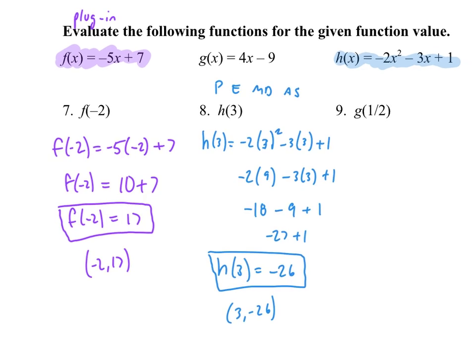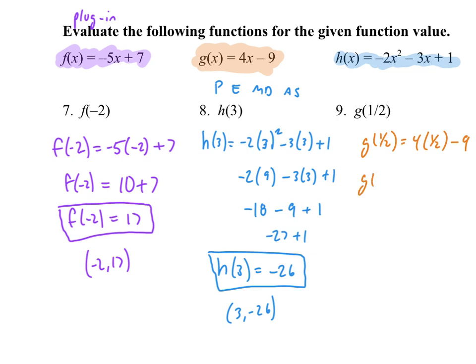Here we're looking at g of 1/2. Looking up here at g, again, I'm going to replace every x up there with a 1/2. So g of 1/2 equals 4 times 1/2 minus 9.